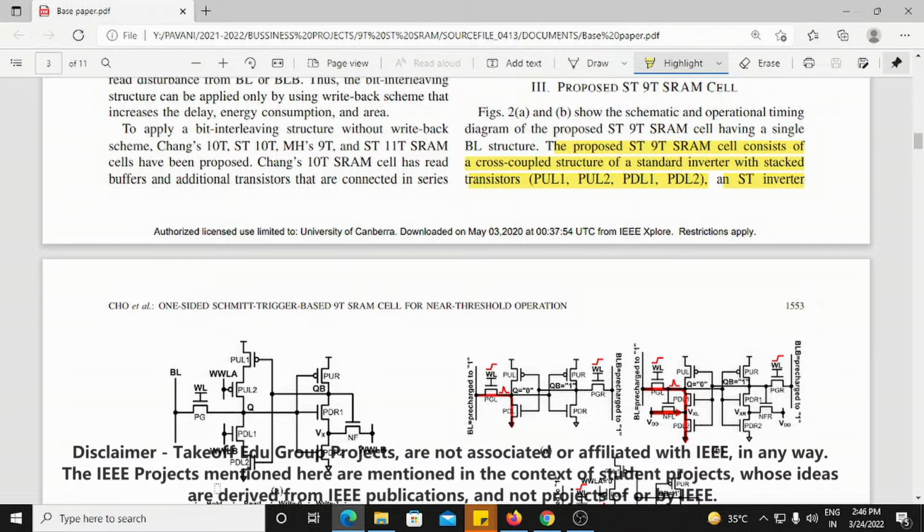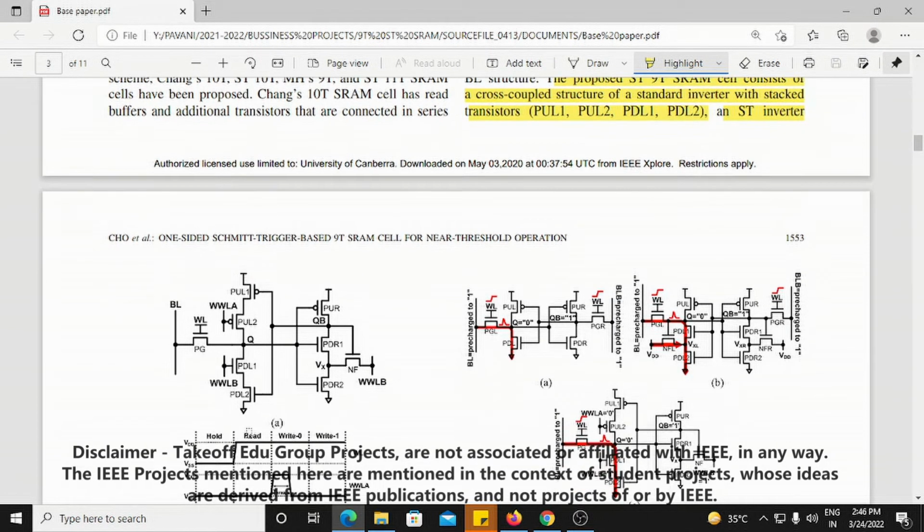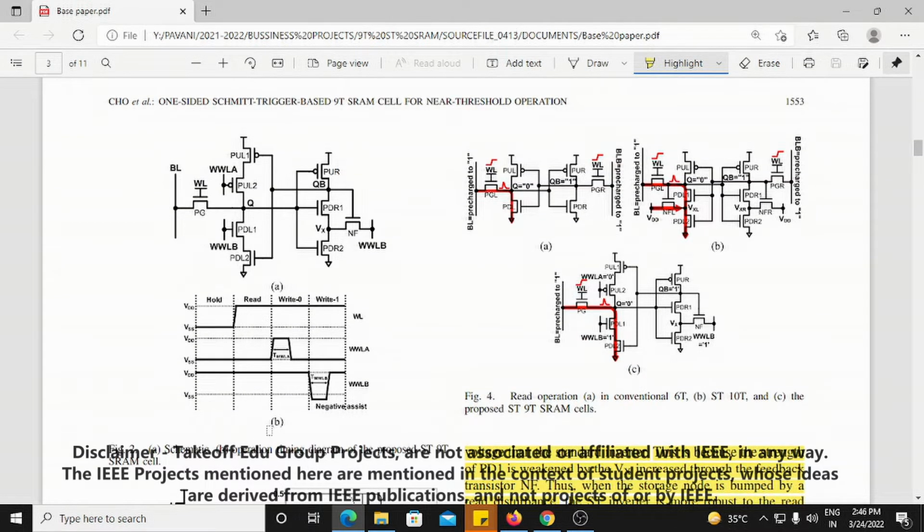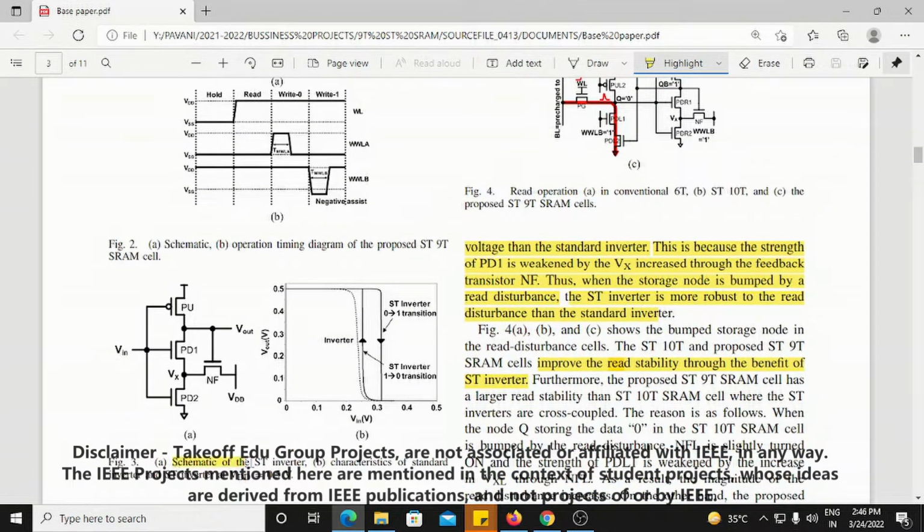These are the stacked transistors. We are also using an ST inverter. Here is the schematic and structure of the ST inverter. We can discuss its use in detail here.